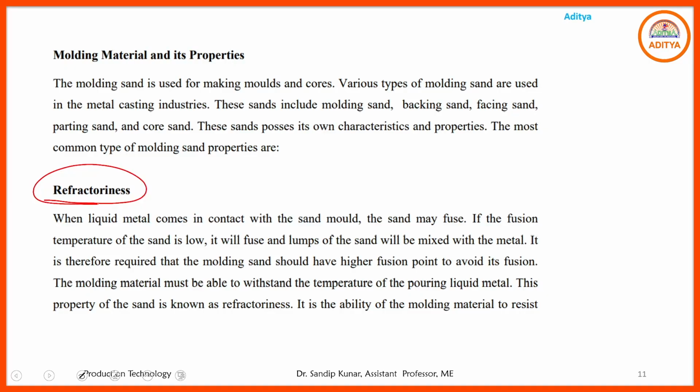When we pour the molten metal into the mold cavity, its temperature is very high, so for sustaining the higher temperature, molding sand is required. Generally silica has a higher melting point, so that's why it maintains the refractory properties.